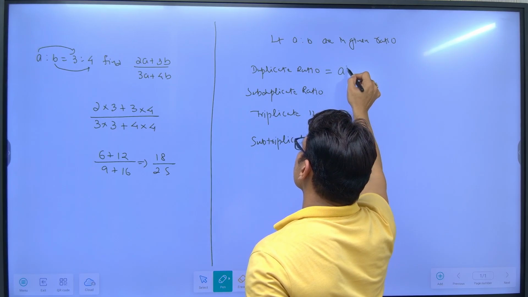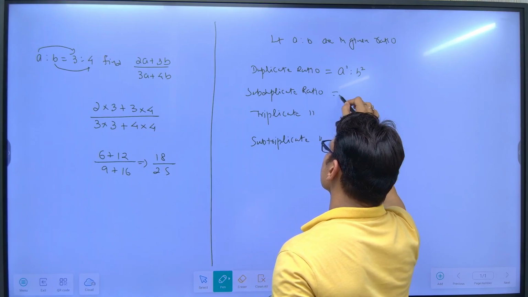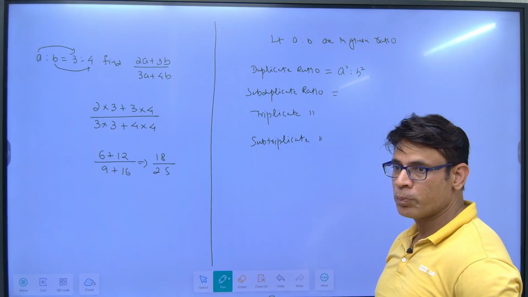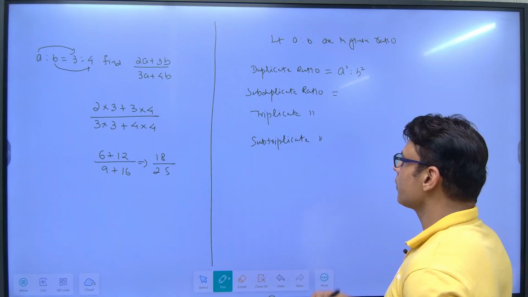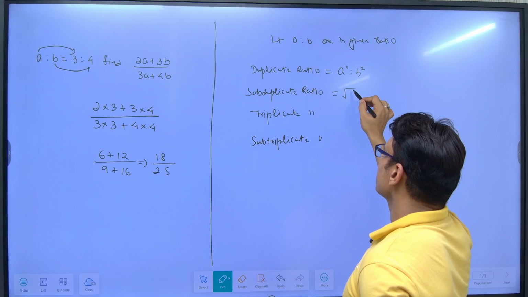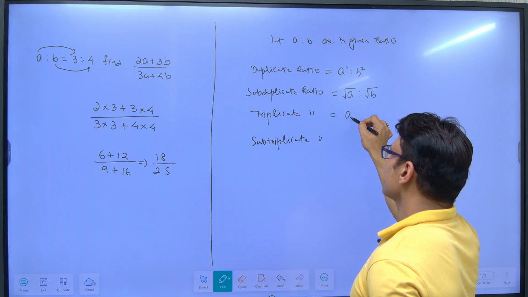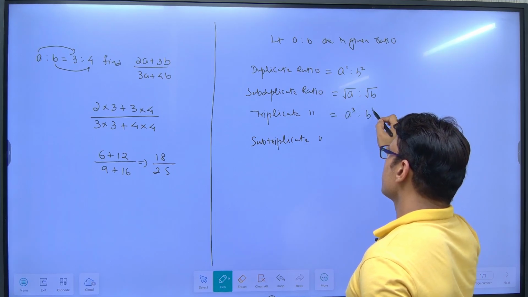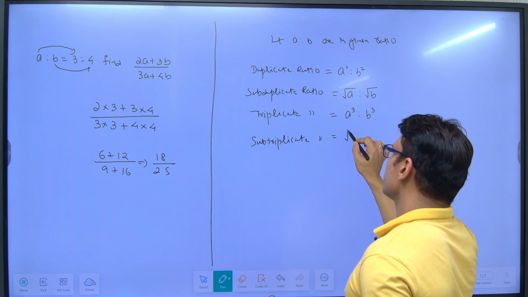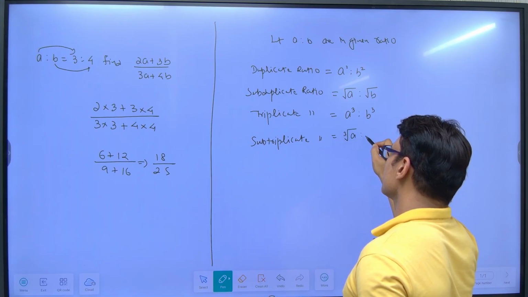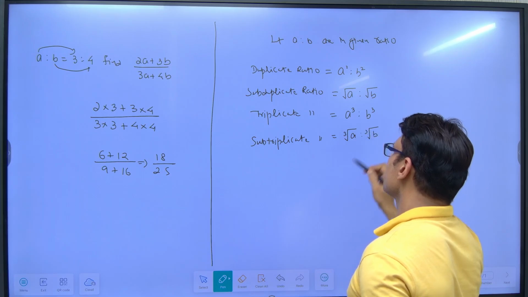Duplicate ratio is nothing but A square is to B square. Duplicate means square it. Subduplicate, take the square root of A is to square root of B. Triplicate, A cube is to B cube, and subtriplicate, cube root of A is to cube root of B.